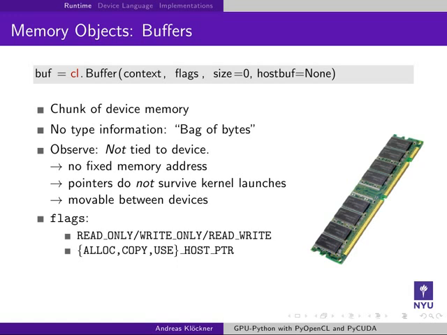Okay. Question answered. So the question for everybody was regarding pointers not surviving kernel launches. Obviously, there are pointers within kernels, right? And these buffers get passed to the kernel as a pointer, and these pointers stay valid within your code.